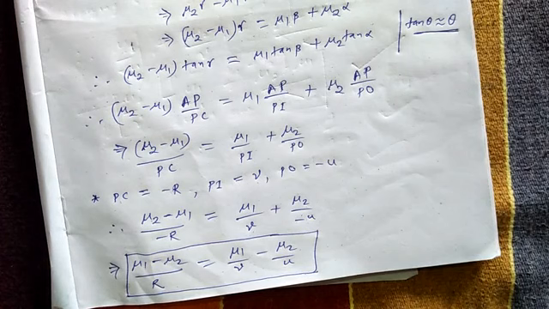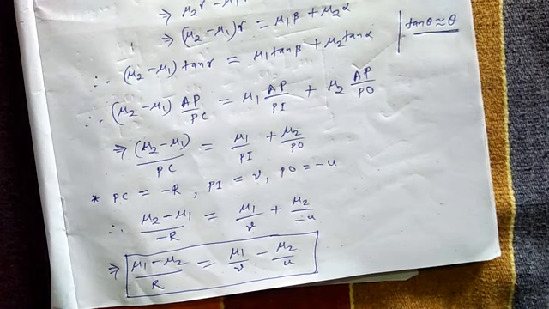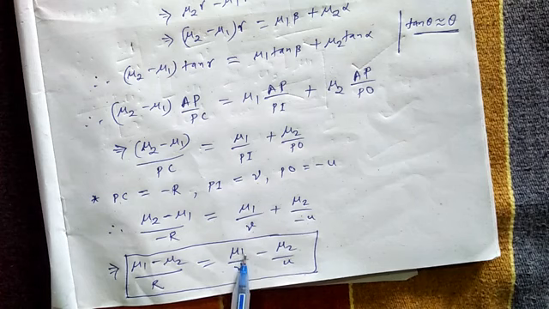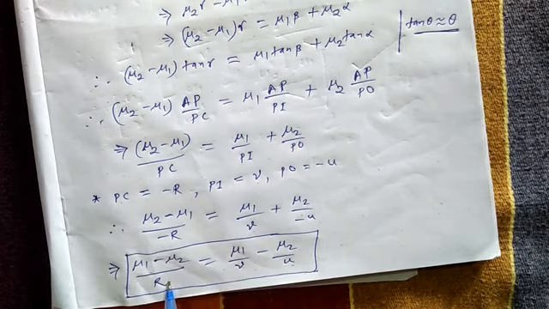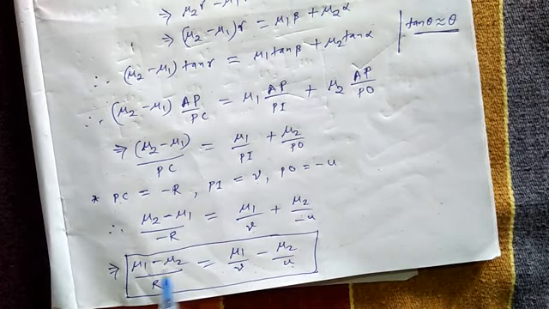For real image, we can write mu1 by V minus mu2 by U is equal to mu1 minus mu2 by R. Remember, last class we discussed rarer to denser medium, the formula was mu2 by V minus mu1 by U is equal to mu2 minus mu1 by R. Just replace mu2 by mu1 in that equation, we will get mu1 minus mu2 by R is equal to mu1 by V minus mu2 by U.